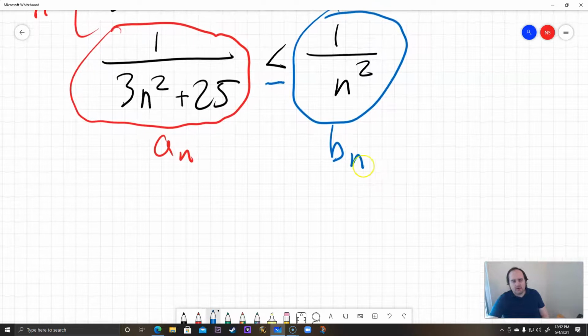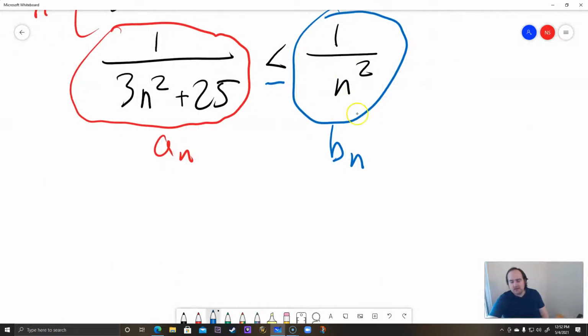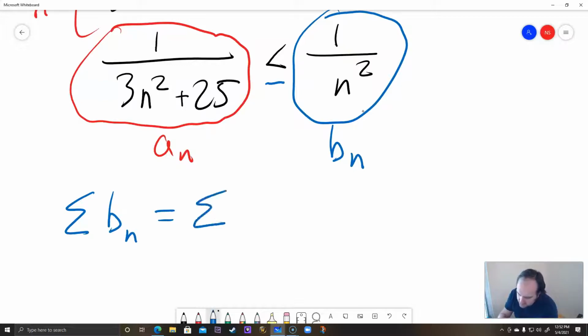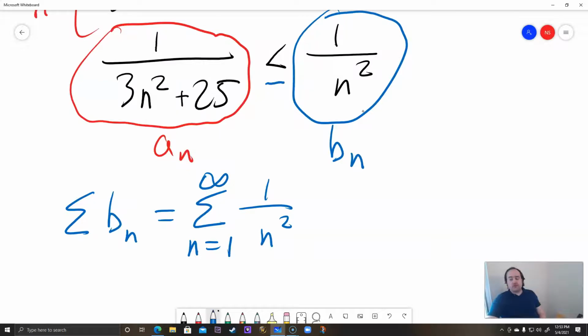So here, like I was saying, this bn is something that we can determine quite easily. If we look at the sum of bn, it is going to be the sum from n equals 1 to infinity of 1 over n squared. And like I said before, this is a p-series.